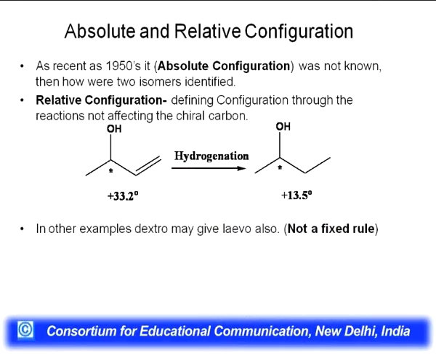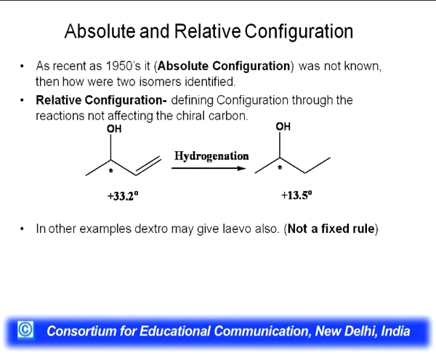As you can see in the slide, there is 2-butanol, and 1-butene-3-ol. Not going into the nomenclature part, the molecule which I have represented here has a dextrorotatory optical rotation of 33.2 degrees.